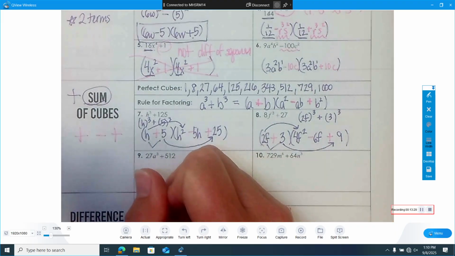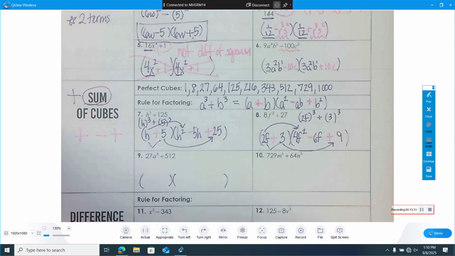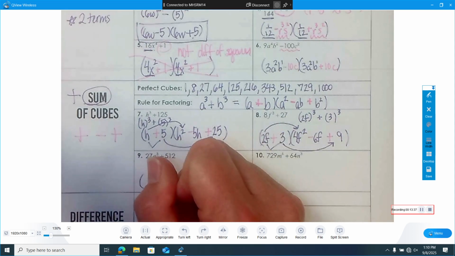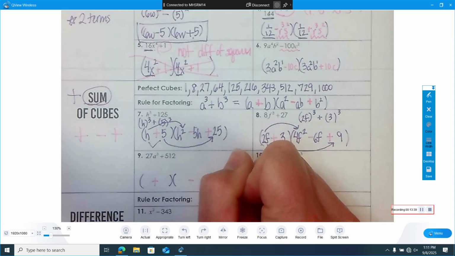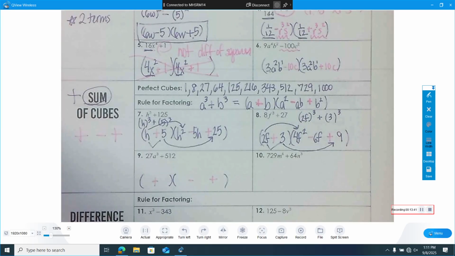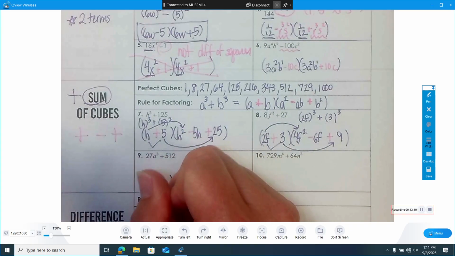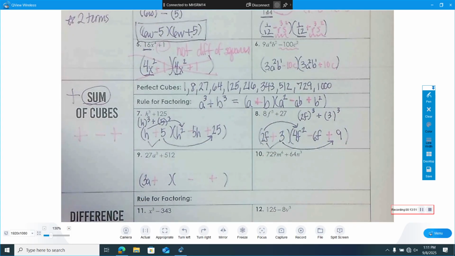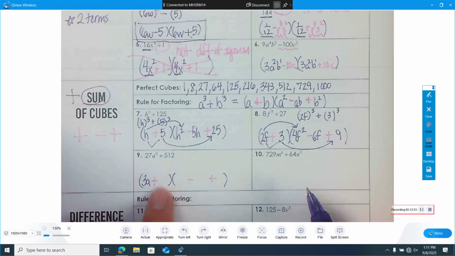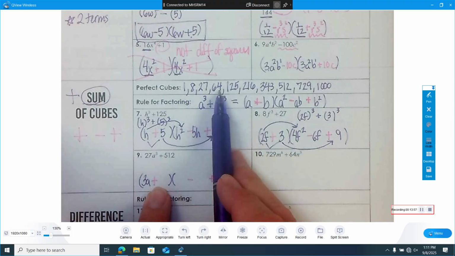All right, looking at 9, small bubble, big bubble. What do the signs do? Plus, minus, plus. And so what cubed gives me 27a cubed? 3a, very good. 3a times 3a times 3a gives me 27a cubed. And what cube gives me 512? 8. 1, 2, 3, 4, 5, 6, 7, 8.